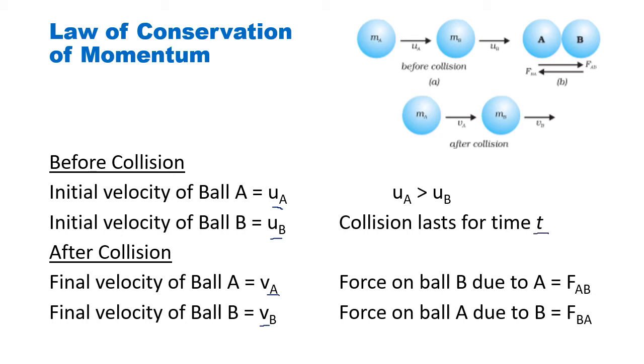When the balls are colliding, forces act on each other: the force on ball B due to A is FAB, on A due to B is FBA. They are equal and opposite in direction. The velocity of ball A changed from UA to VA, and the velocity of ball B changed from UB to VB.